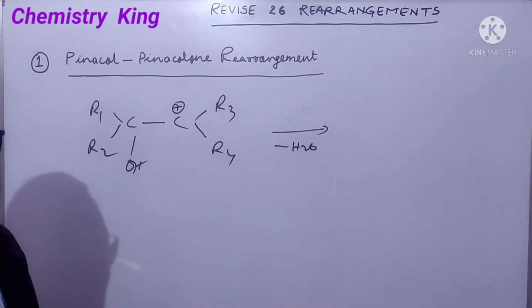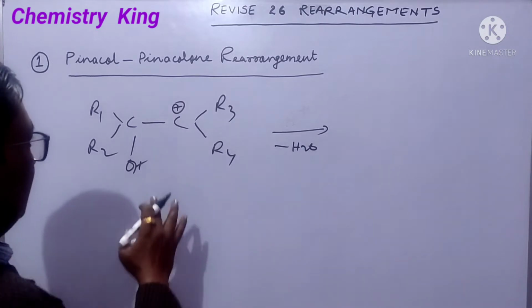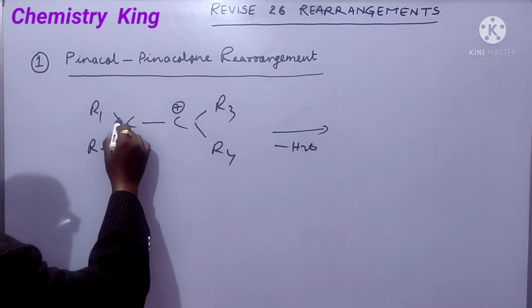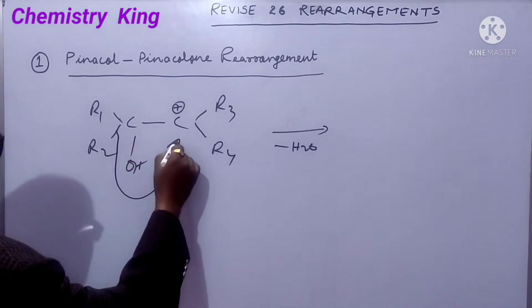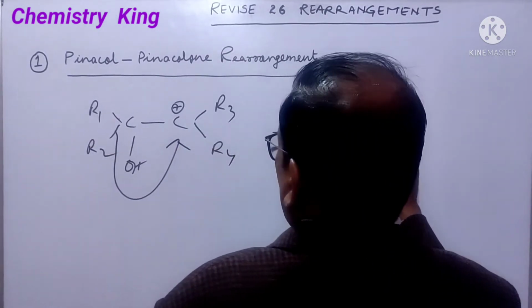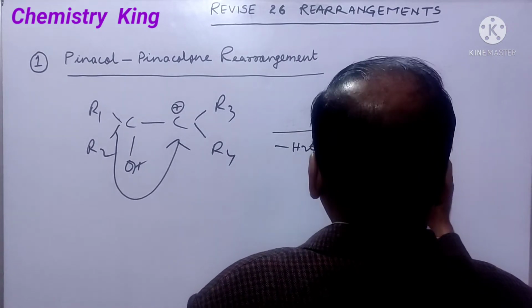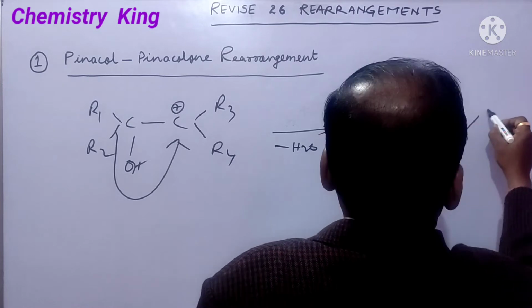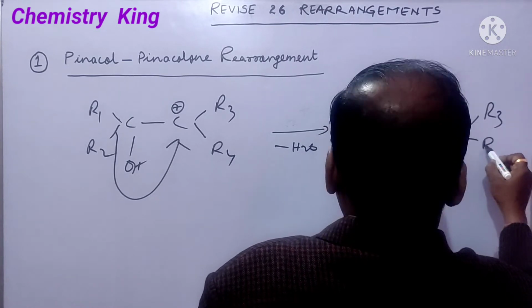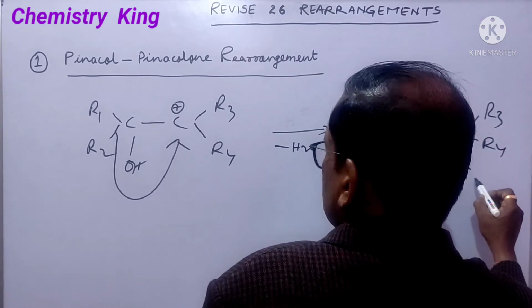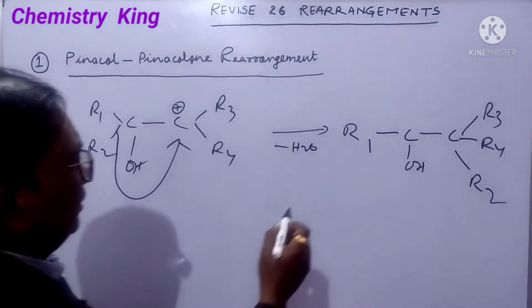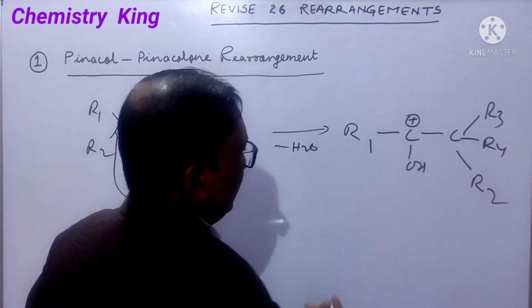That carbocation is formed which is more stable. Now it will rearrange in this fashion, leading to R1 C OH C R3 R4 and it is R2. Positive charge will be here.